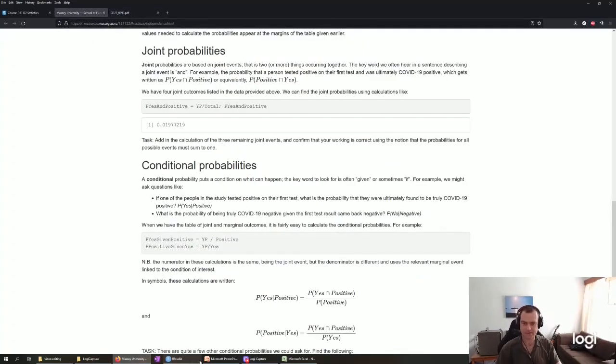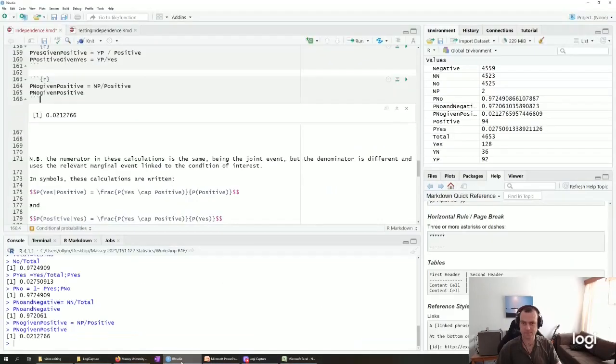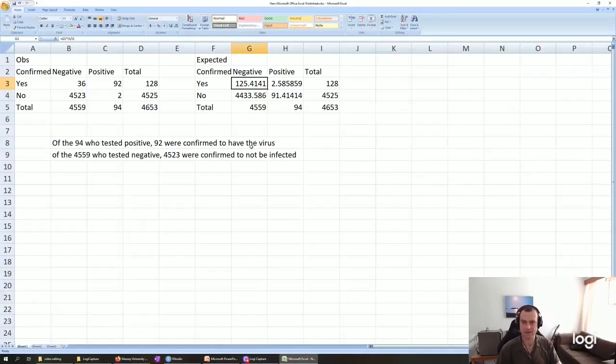So to phrase that for our example, if the probability of actually having the virus was independent of your test result, what number of people would you expect to see who tested positive and were confirmed to have the virus? Well, the expected number is 2.58, so 3. We would expect to see 3 people approximately who both had the virus and tested positive if these two things really were independent.